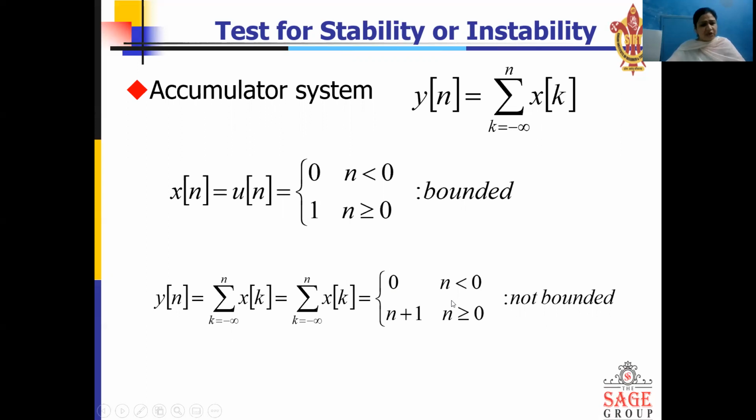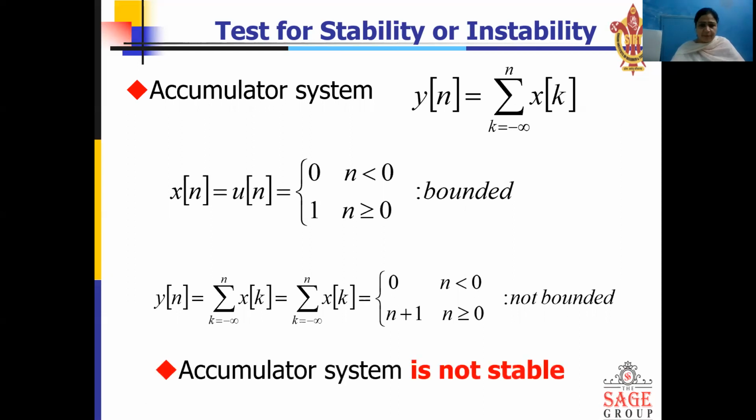It will be 0 when n is less than 0. But when n is greater than or equal to 0, the output will be n plus 1. That means every time as n increases, the output is incremented by an amplitude value of 1. So here we see that the output is not a bounded signal. So the system is an unstable system.